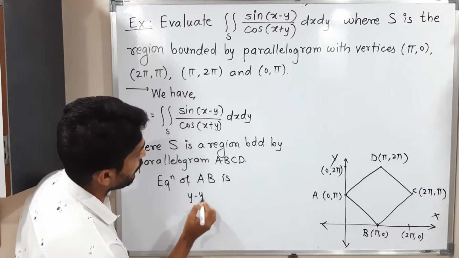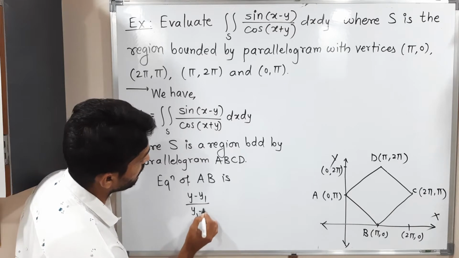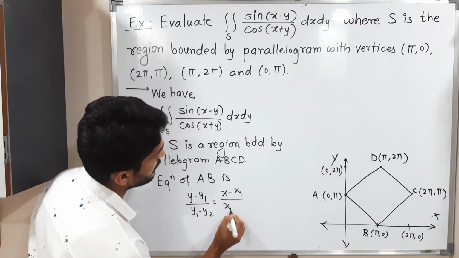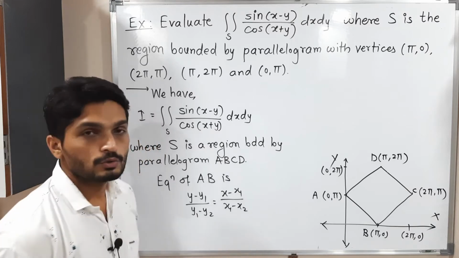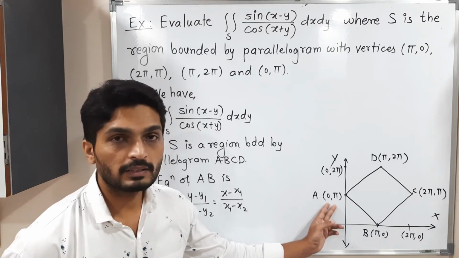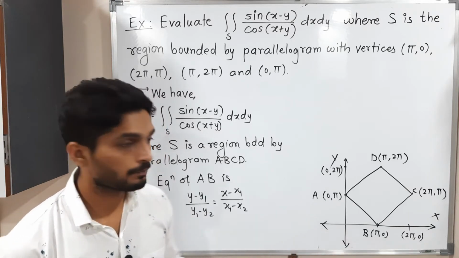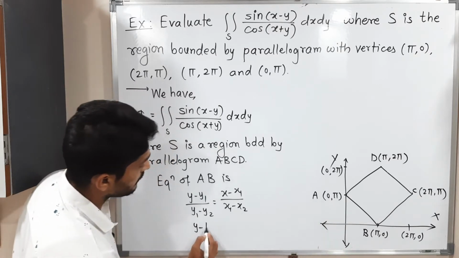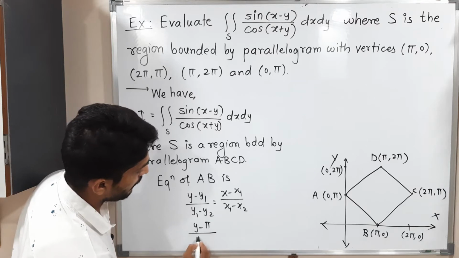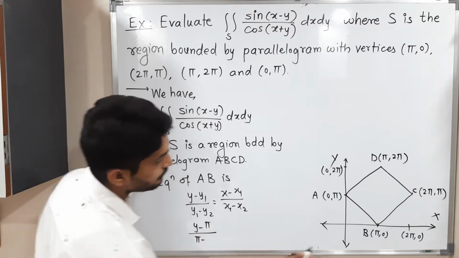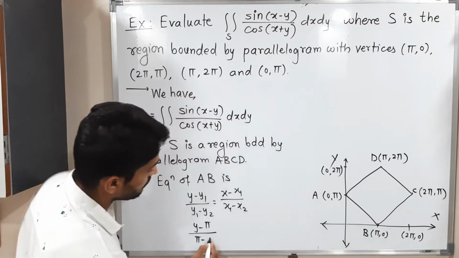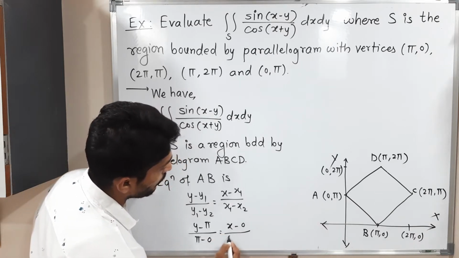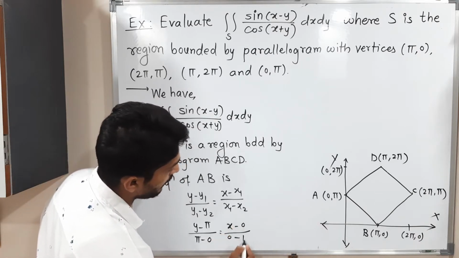I use the formula (y minus y1) upon (y1 minus y2) equals (x minus x1) upon (x1 minus x2), calling this x1, y1 and this x2, y2. So y minus pi upon pi minus 0, x minus 0 upon 0 minus pi.